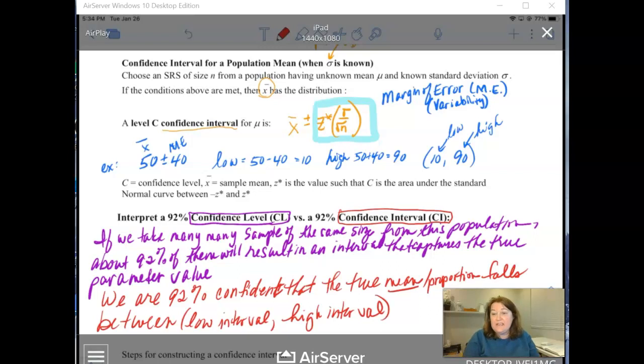So in our previous case, we'd be saying we're 92% confident that the true mean or the true percent is between 10% and 90%, and we're 92% confident of it.